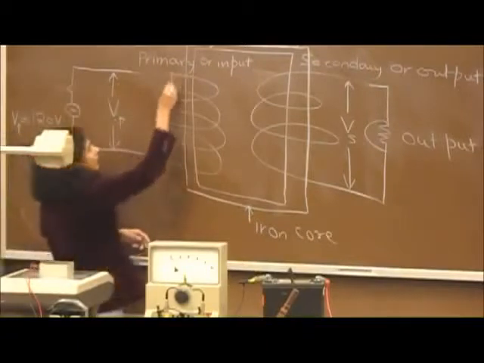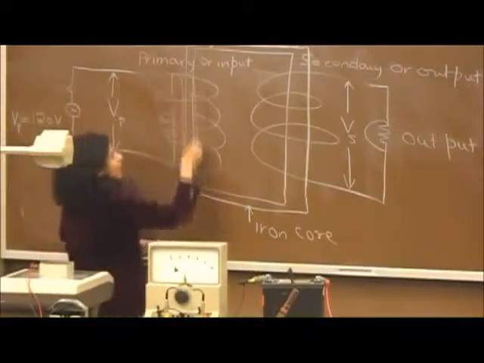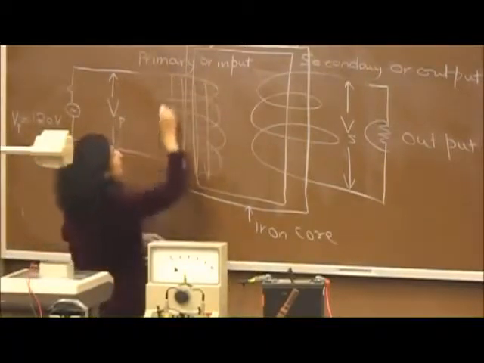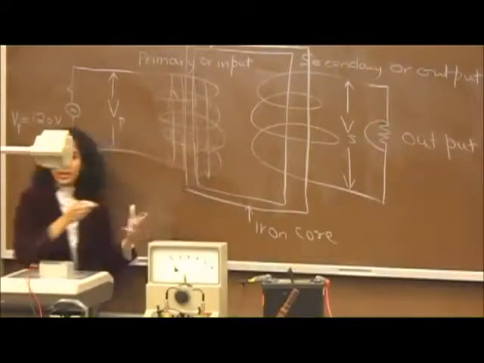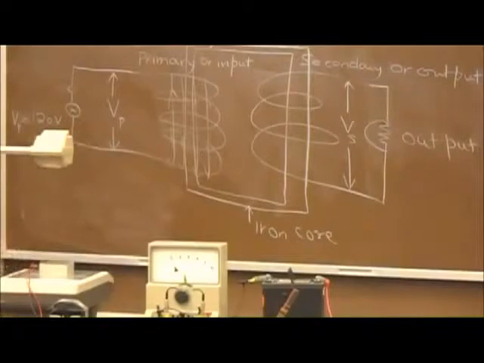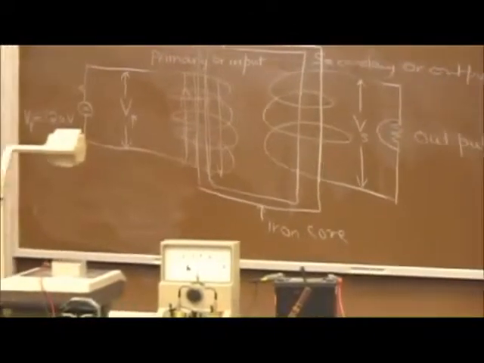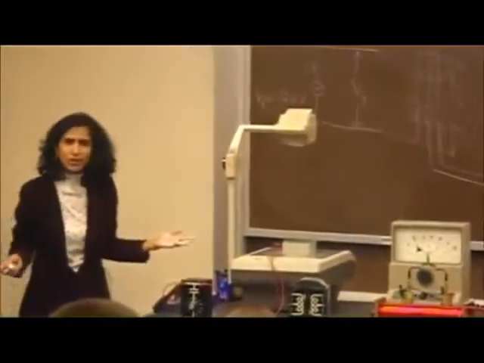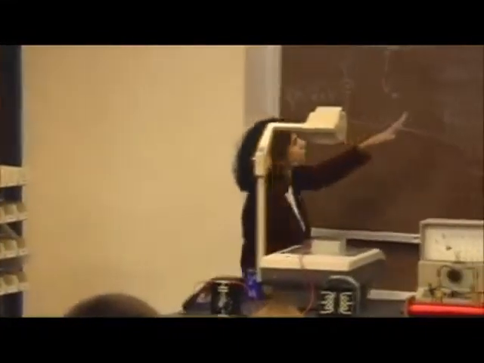Do you see that the magnetic field lines here are sometimes pointing up, sometimes pointing down? And if it's a 60 hertz power supply, it goes through one cycle that many times per second. So would you call that a changing magnetic flux through this coil or not? Yes, the magnetic flux through this coil is changing.